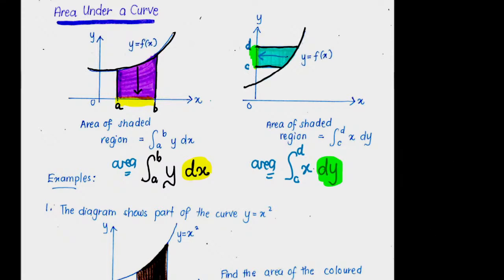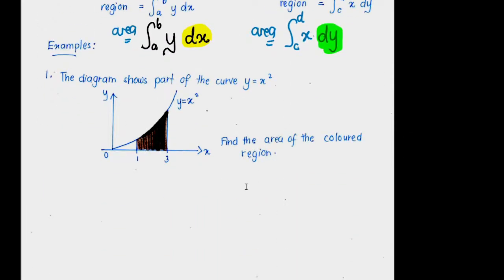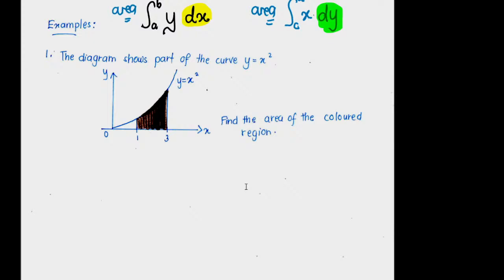From here, we try to apply the formula for the examples. Example 1. The diagram shows part of the curve. The curve is y equals x squared. So always your curve will have power more than 1, like power 2, power 3, but very common is power 2.